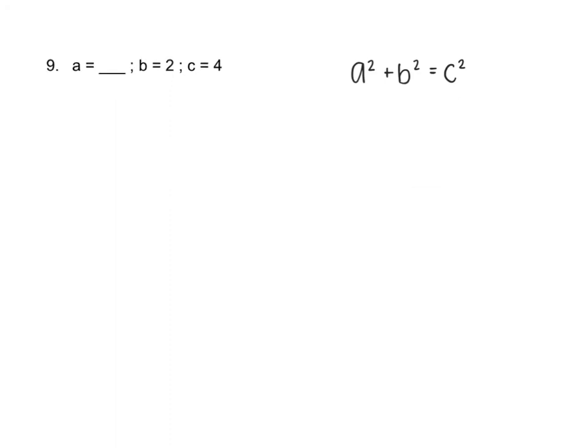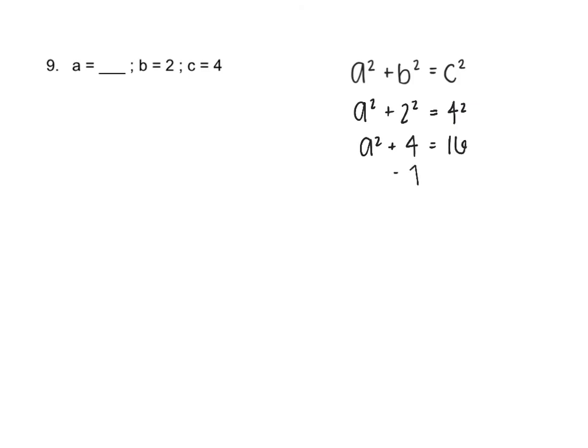Same process as 7 and 8. We're given values. We're going to start by substituting them into our equation. So we don't know the value of a, so it's going to stay a squared. B squared is going to become 2 squared, and c squared 4 squared. Then we're going to simplify our expression here by taking those exponents out.